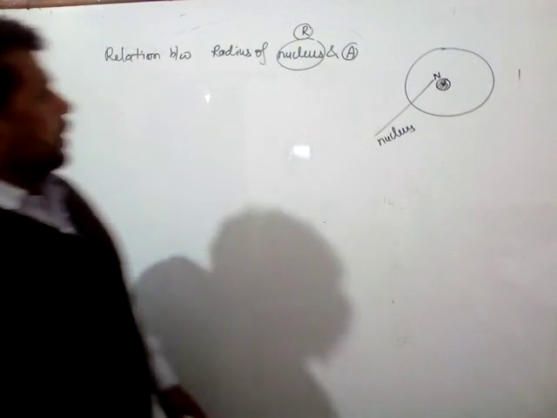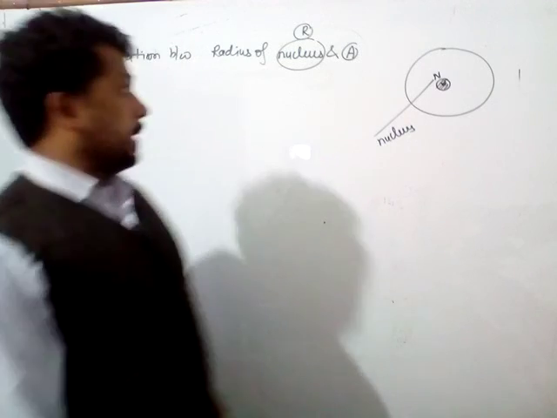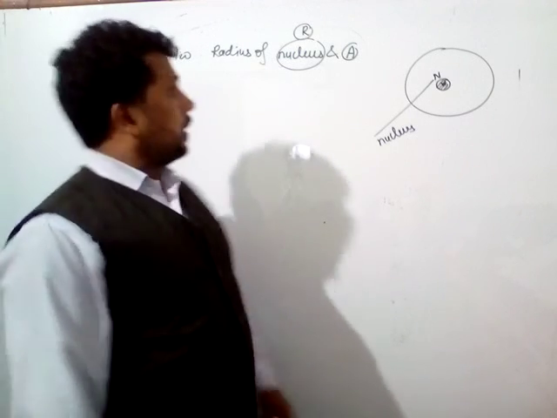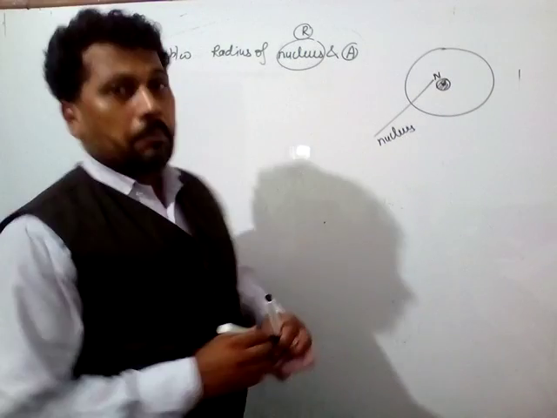Here if we consider the radius of the nucleus is r and A is the mass number.